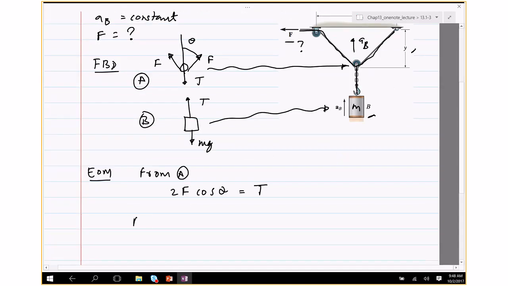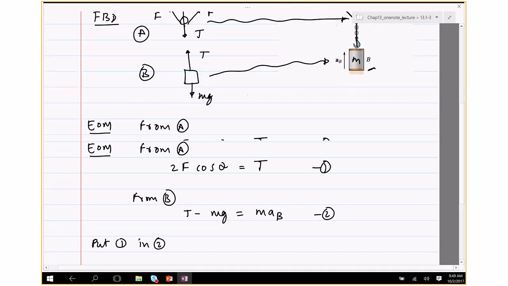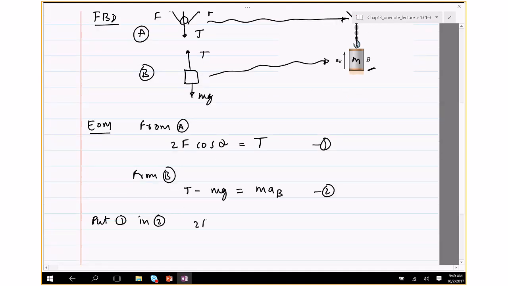So from B, since this mass moves upwards, I can write T minus mg equals mass times AB. So put 1 in 2, I get 2F cosine theta equals T. This T is mg plus m AB.